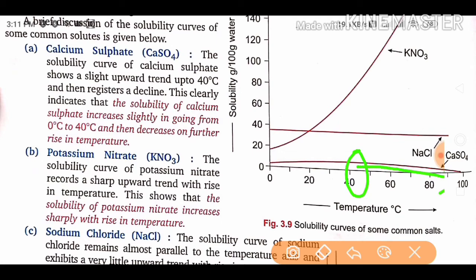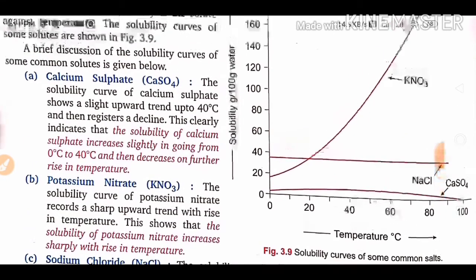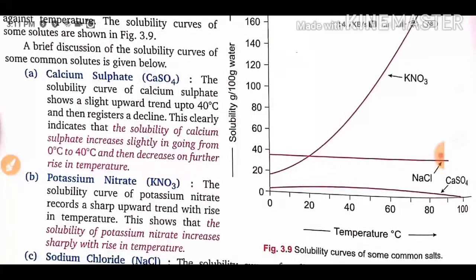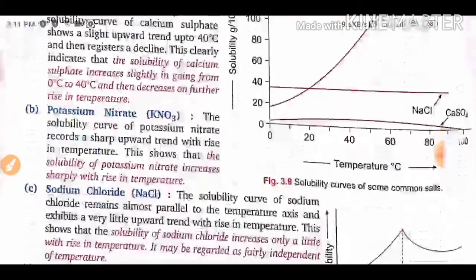One more example we take is potassium nitrate. You can see how far it goes. It records a sharp upward trend with rise in temperature. This shows that the solubility of potassium nitrate increases sharply with rise in temperature. As temperature rises, its solubility also increases.